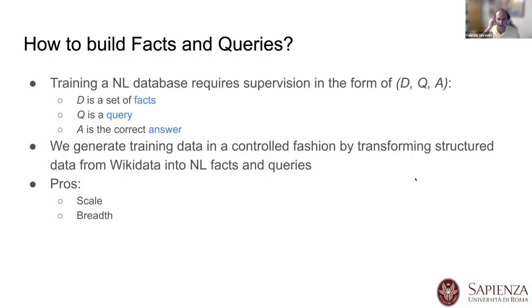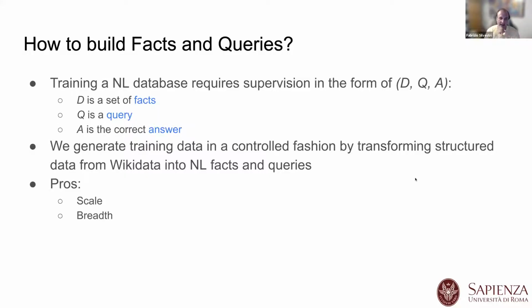So KELM is a set of, let's say, natural language facts, and we use those facts to build triples, because using triples we can compute the correct answer to the queries.